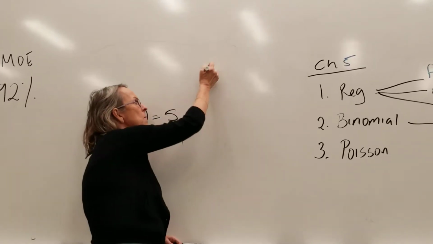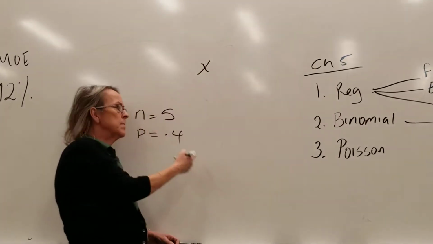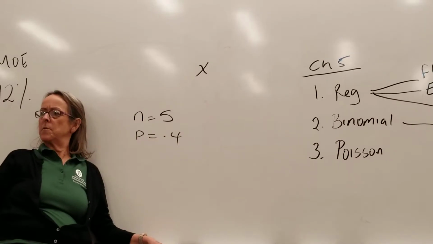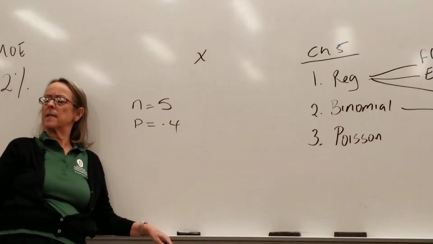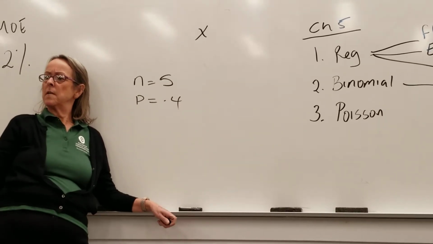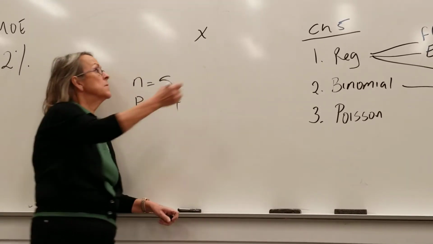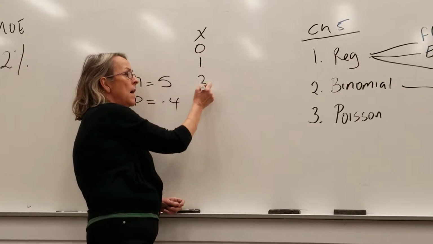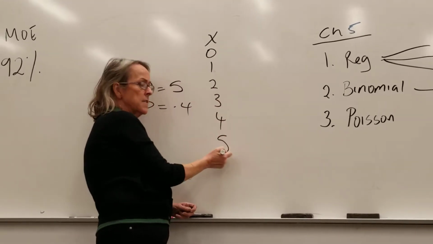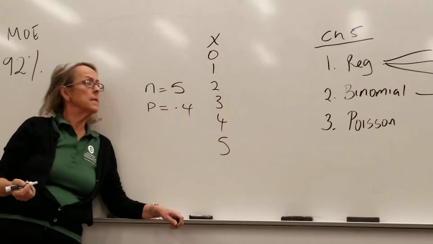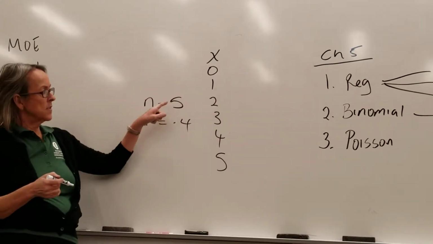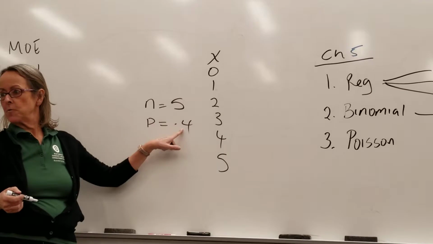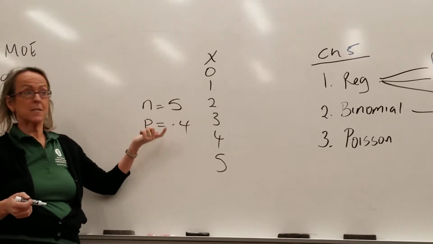And you can tell me what are the possible outcomes for this binomial distribution. What are the possible values of x? 0 to 5. The rule is 0 through n, right? And I know this is not a z-score question because n times p only equals 2, and n times 1 minus p is 3.